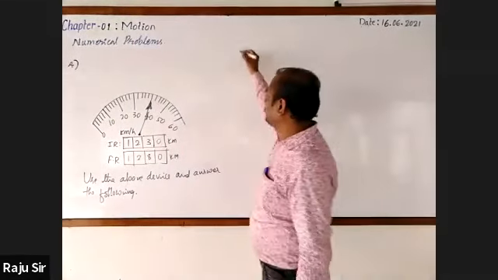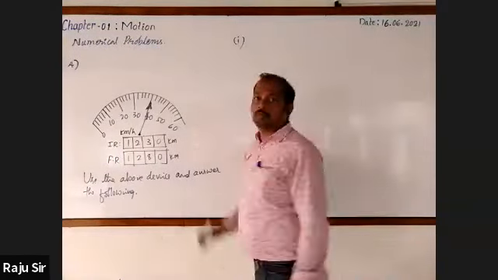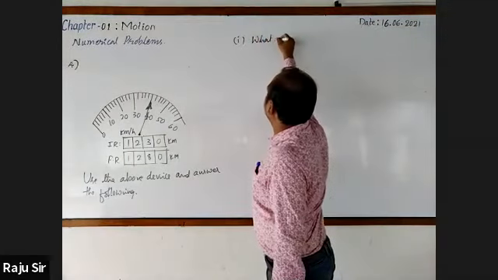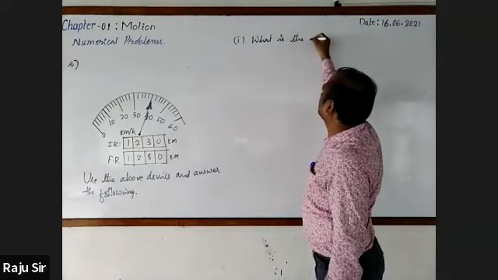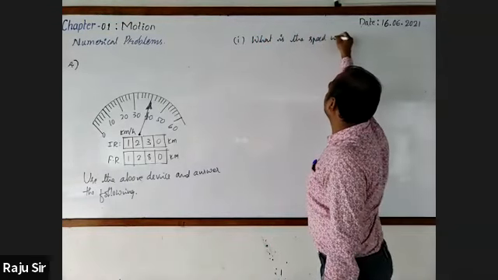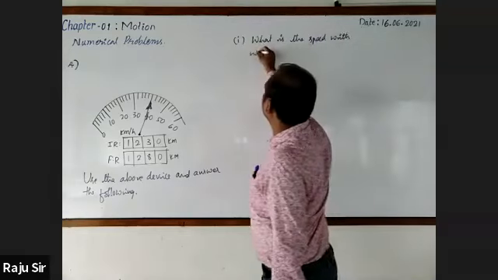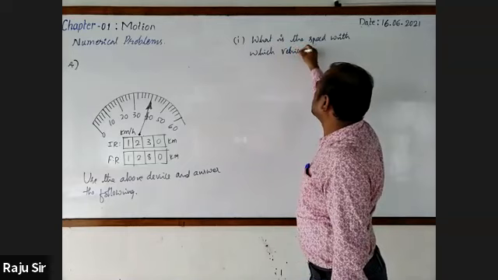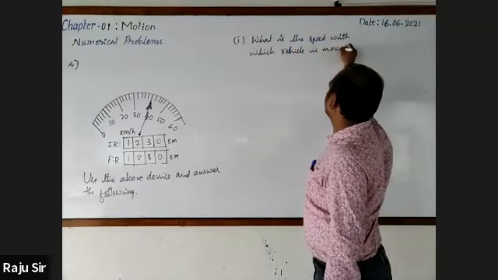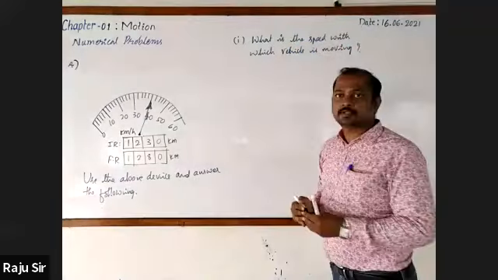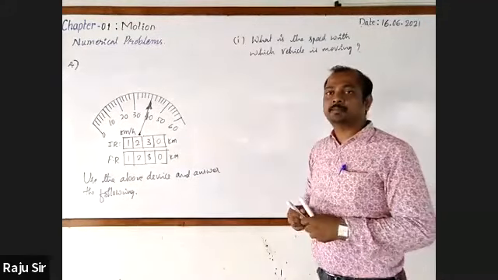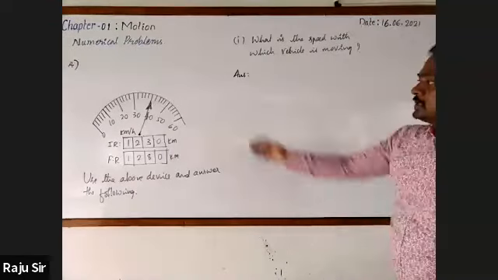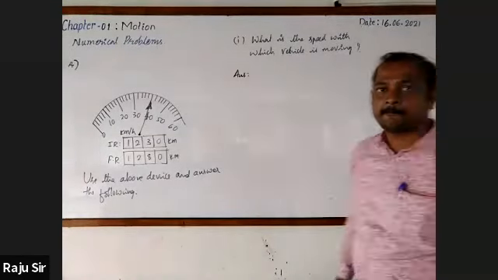In that first one, what is the speed with which the vehicle is moving? First sub question. First direct answer. What is the speed? 40 km per hour.